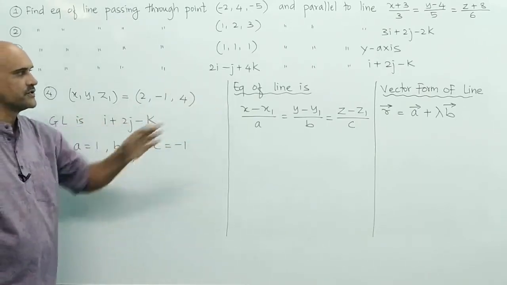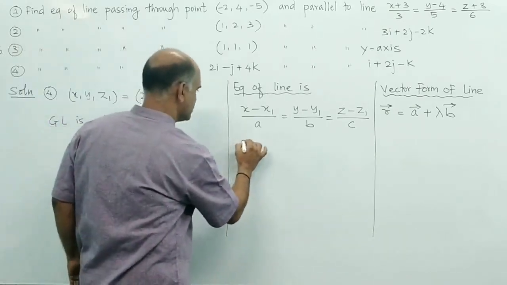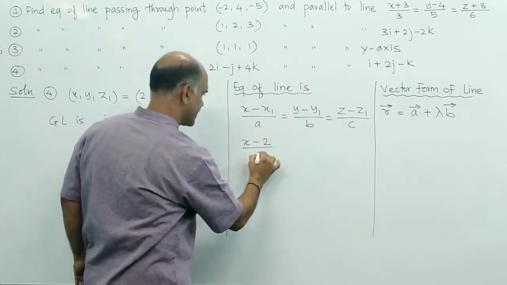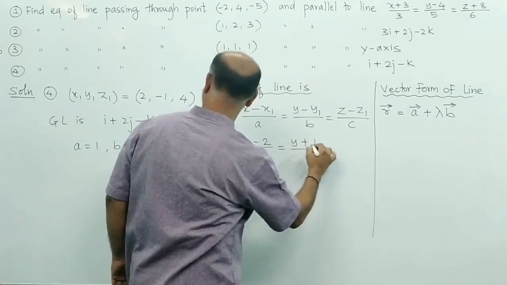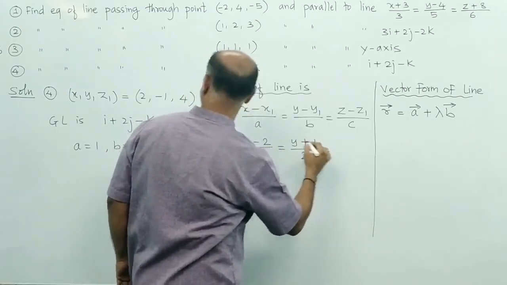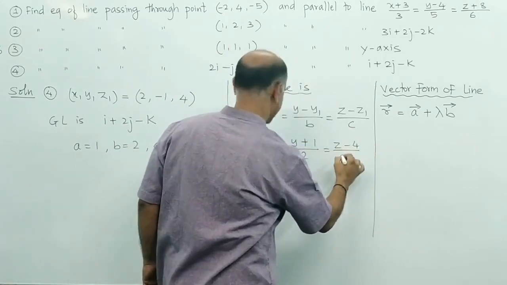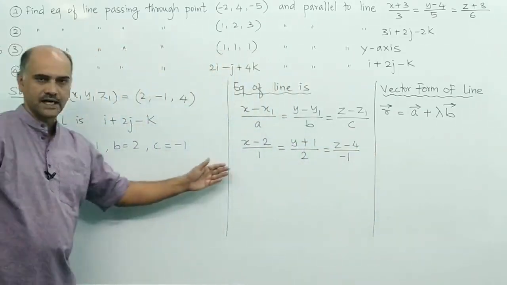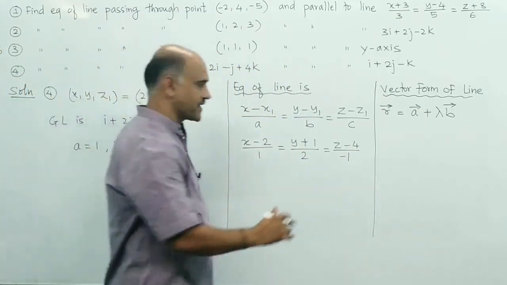Now again substitute these values. So if I substitute, I will have (x minus 2)/1 = (y plus 1)/2 = (z minus z1), z minus 4, divided by -1. So this is the equation in Cartesian form. Now again you write it in vector form.